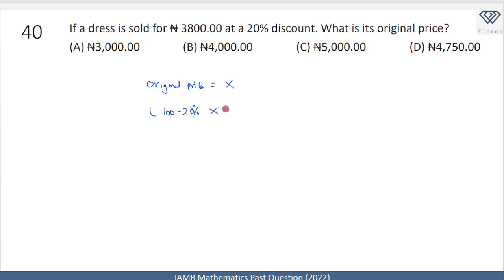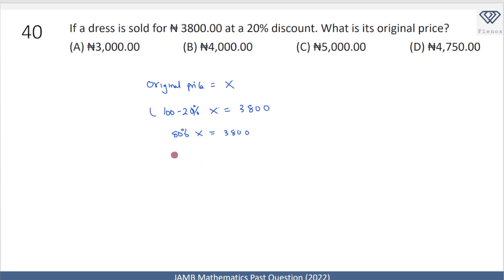And that meant at the end of the day, you had to just pay 3,800. So 100 minus 20 gives me 80%. So 80% of the original amount resulted in 3,800.